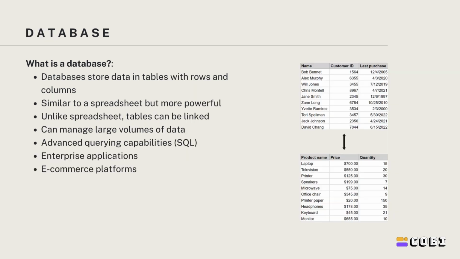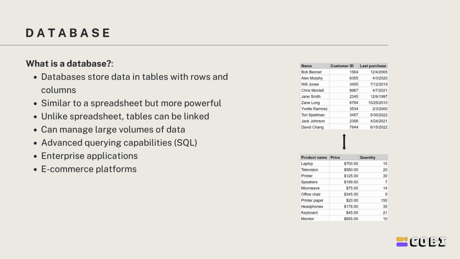Okay, and then what is a database? A database can store data in tables with rows and columns, similar to a spreadsheet, but much more powerful. Unlike a spreadsheet, tables can be linked, and we'll talk about that here in a second. Databases can manage large volumes of data. Think Amazon or the US government. They have advanced querying capabilities.